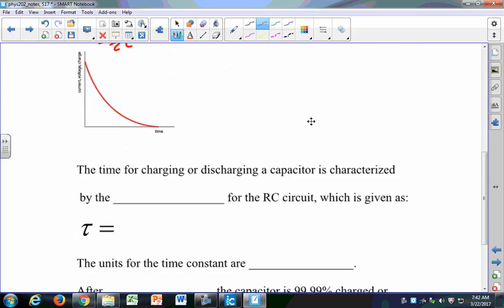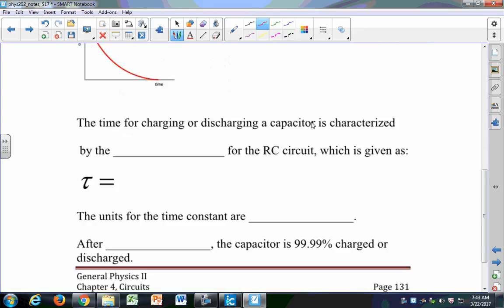Okay, so we talk about a time constant as a characteristic time, and we use that to describe how long it takes to charge or discharge. But let me be clear that the time for charging or discharging a capacitor is not given by the time constant.